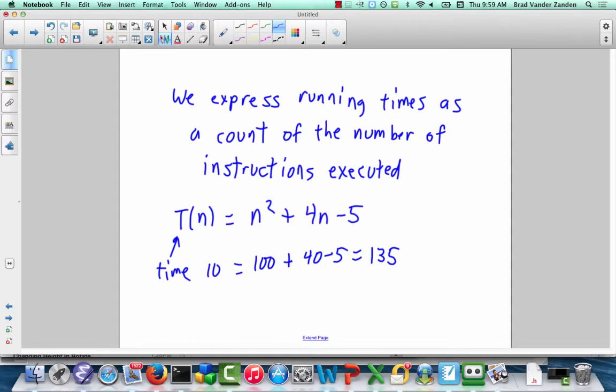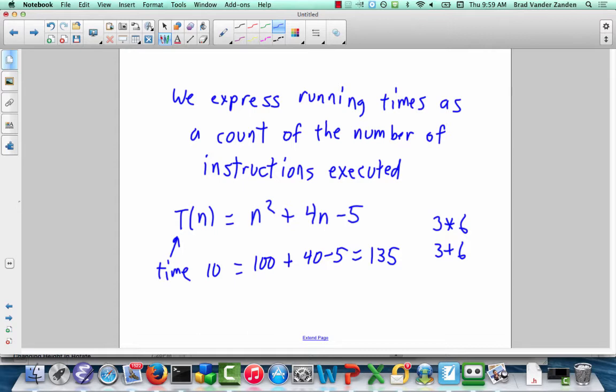Now again, we generalize. We're going to assume that each instruction executed takes the same amount of time. In a real computer, this is not quite true. If I say 3 times 6 and 3 plus 6, the plus operation executes faster than the multiplication operation. So it is, in fact, not the case that every instruction takes the same amount of time.